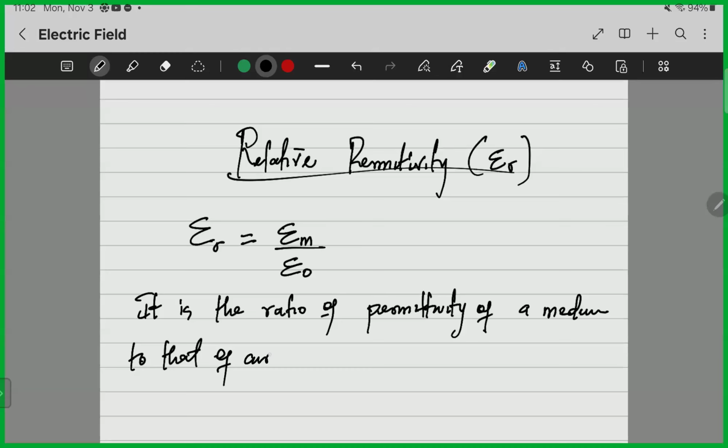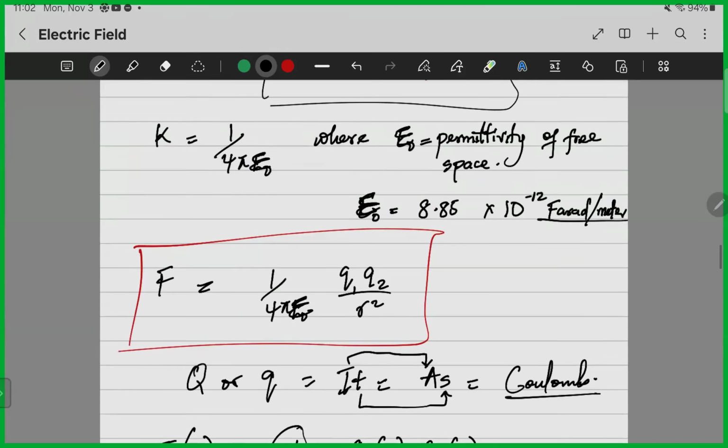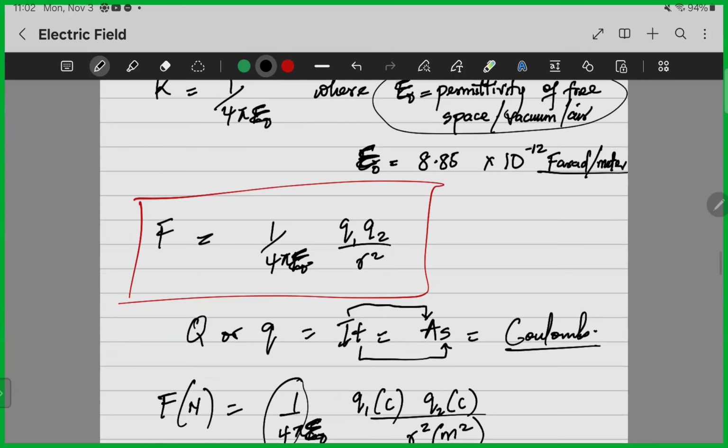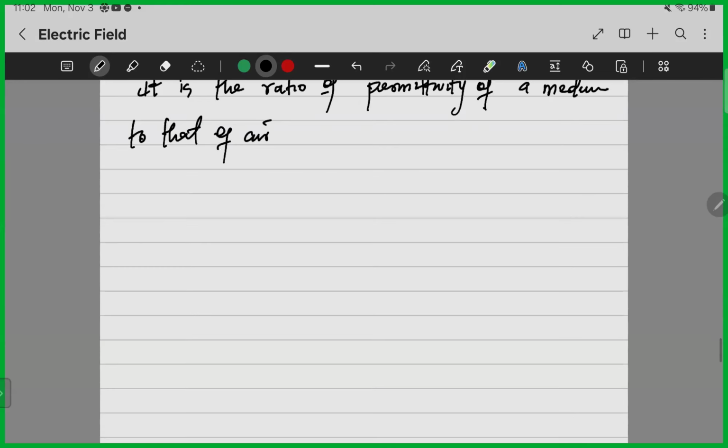We have already identified epsilon naught above as the permittivity of free space. Free space means free space, or vacuum, or air. So that's how it works. Please keep all of that in mind.